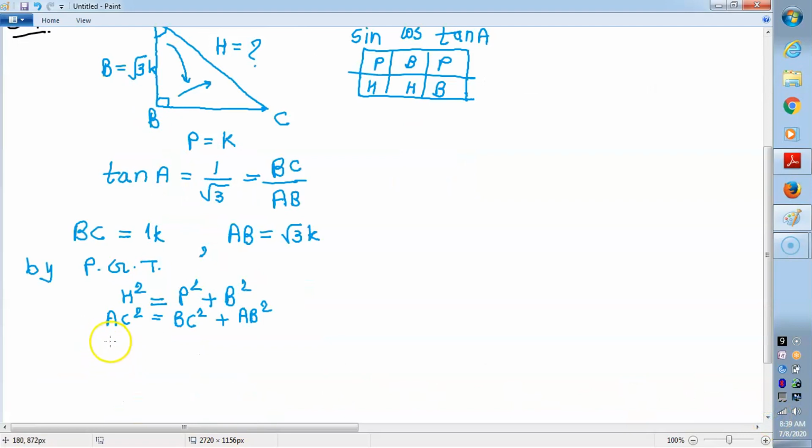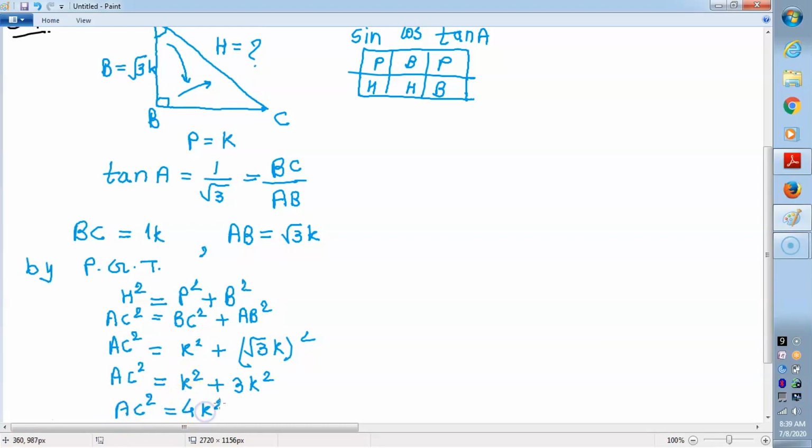We have to find AC. BC is k and AB is root 3k. Take the square of this. AC square equals k square plus, square of root 3 becomes 3, so 3k square. Add k square and 3k square, we get 4k square.